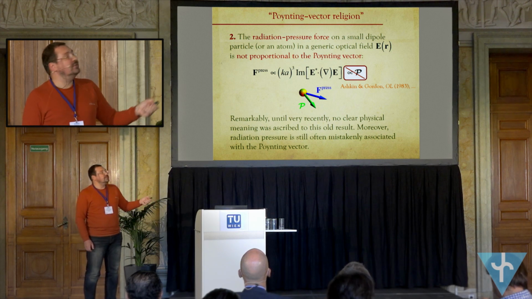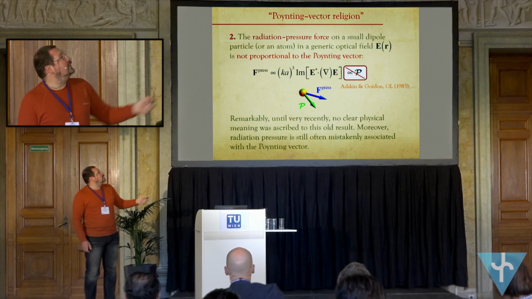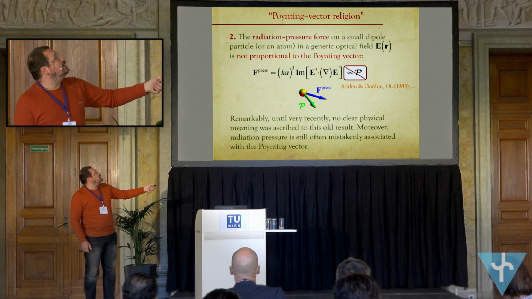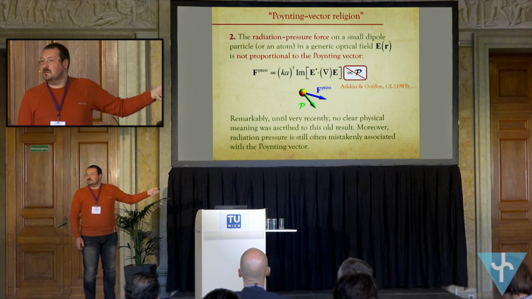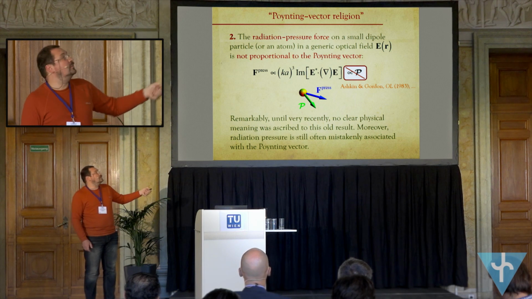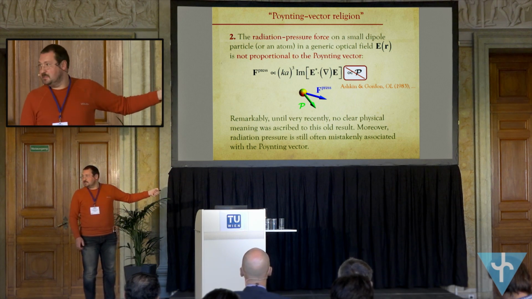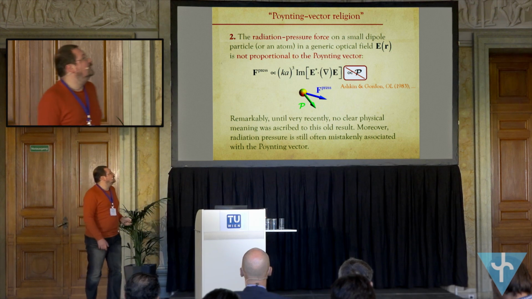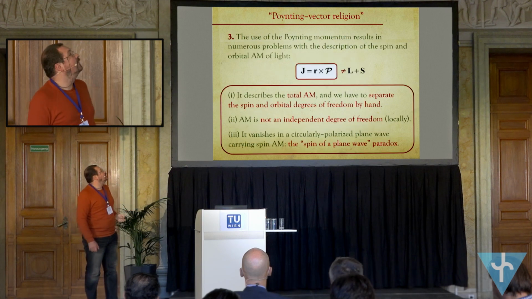It's a well-known expression in optical manipulations, for instance, derived by Ashkin and Gordon. You see that it's proportional to some quadratic form of the wave electric field. But it's not the Poynting vector. In fact, nothing similar to the Poynting vector. Therefore, radiation pressure is not proportional to the Poynting vector and is even directed in some other direction as compared to this Poynting momentum. Therefore, again, it doesn't work.